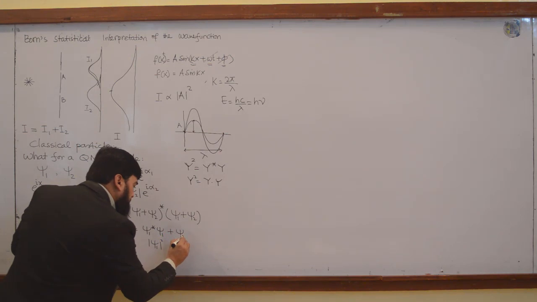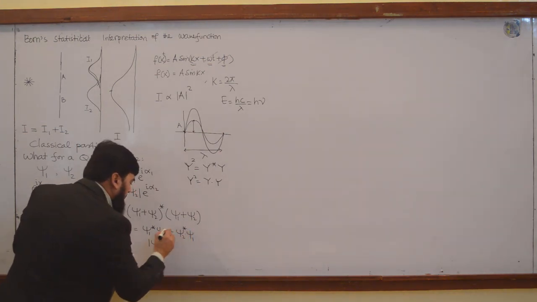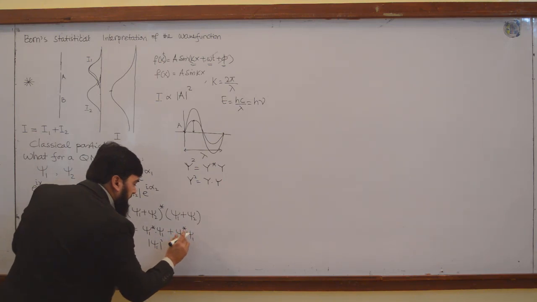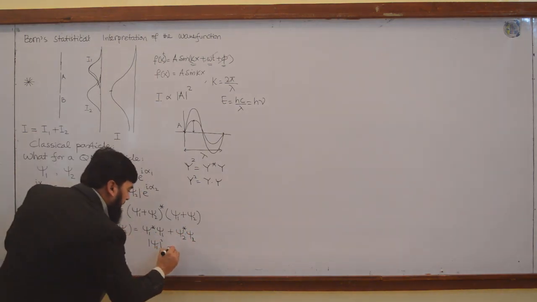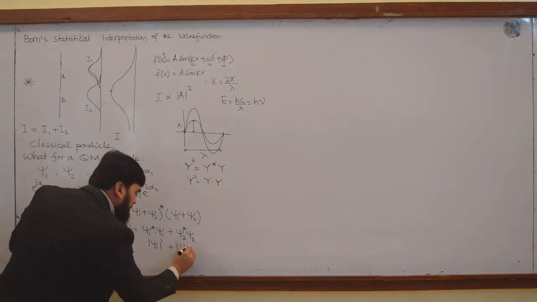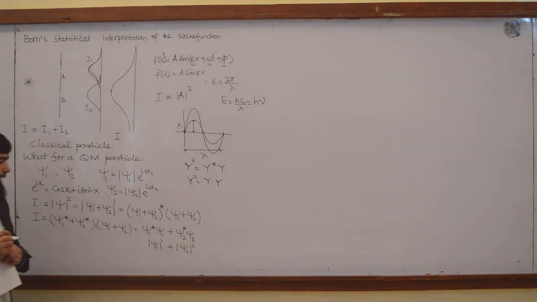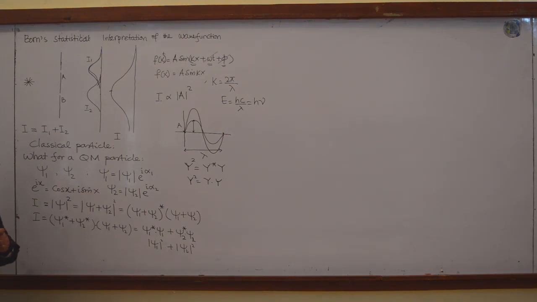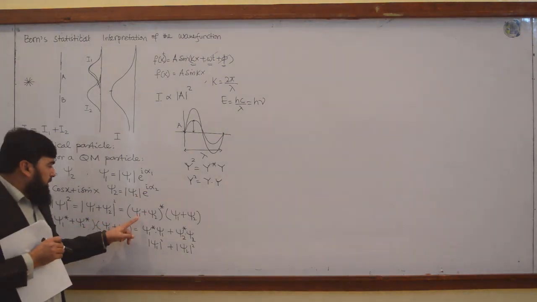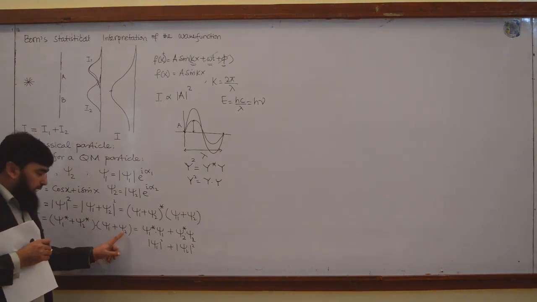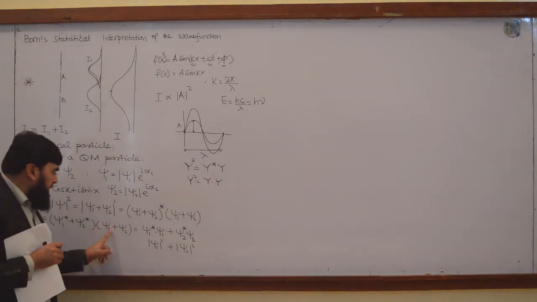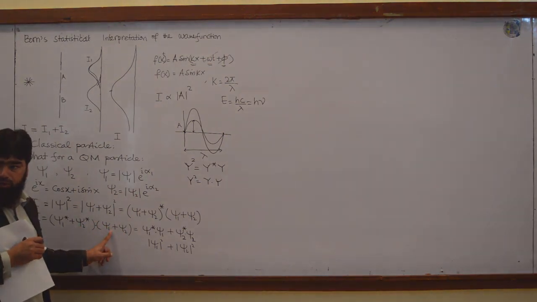Plus psi 2 with psi 2. It will become psi 2 mod square. But there are some additional terms as well, when psi 1 conjugate is multiplied with psi 2 and psi 2 conjugate is multiplied with psi 1.